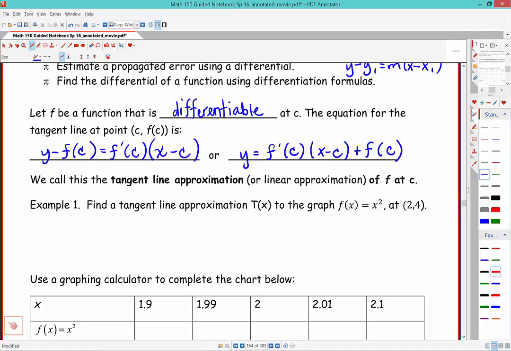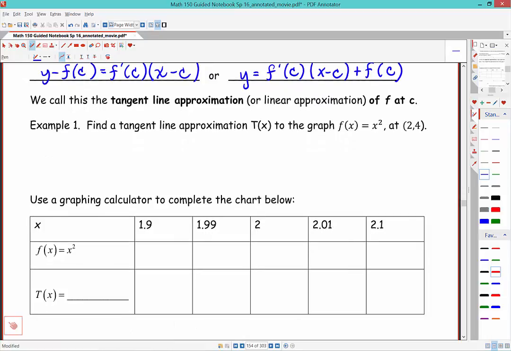So let's take a look at this first example. It asks us to find a tangent line approximation, denoted capital T at x, to the graph of f at x equals x squared at the ordered pair 2, 4.